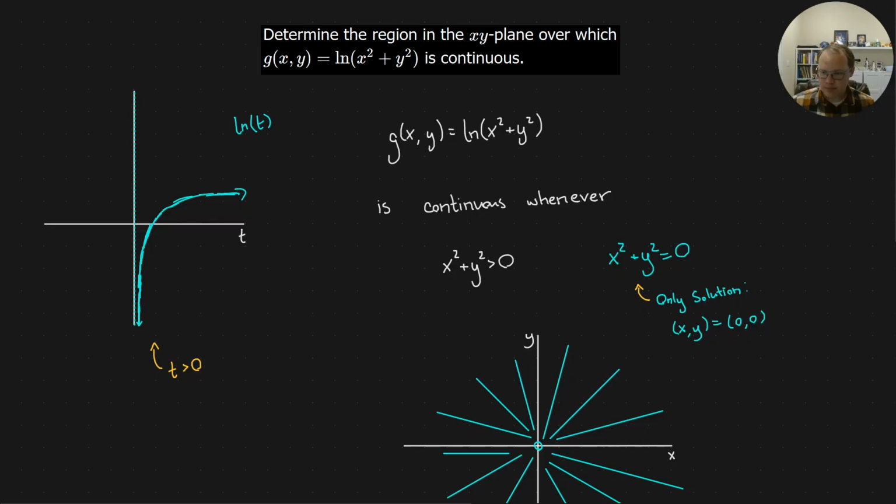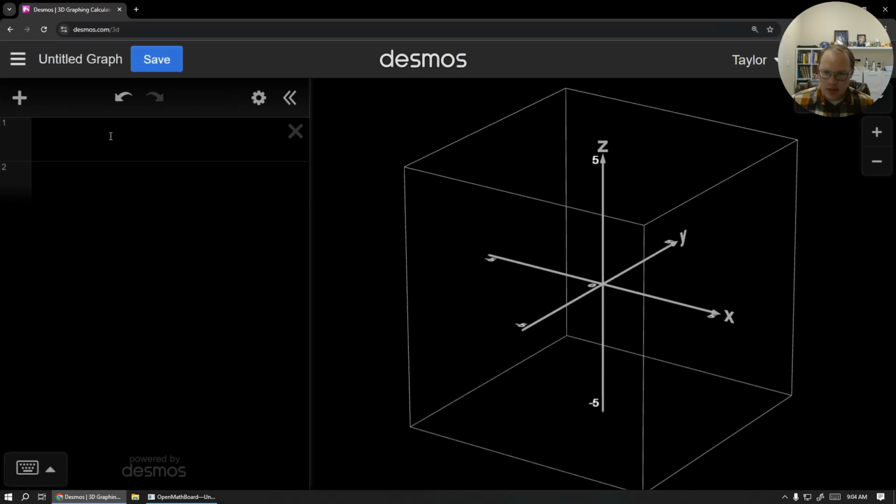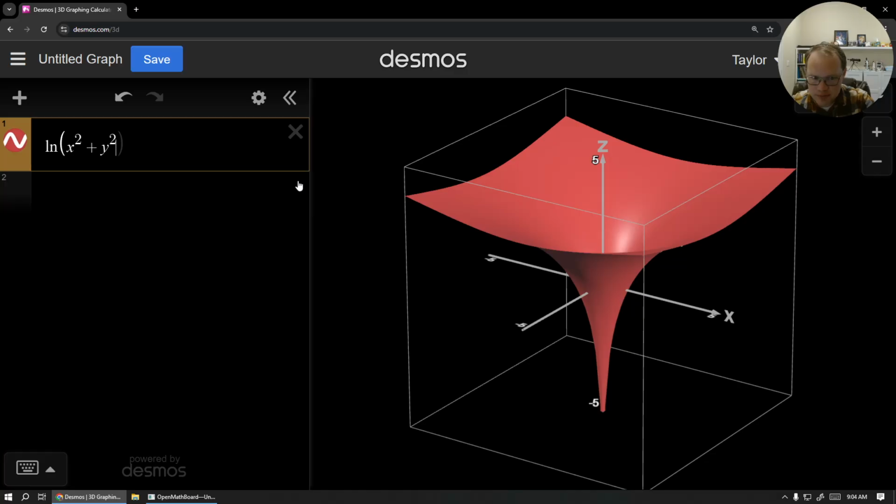Okay? And I want you to see what's going on here. It always helps to see. So we have the natural log of x squared plus y squared. That's our function.